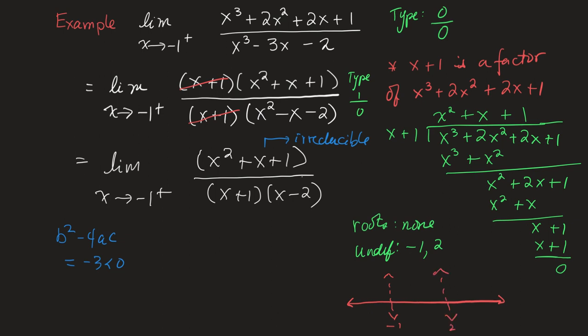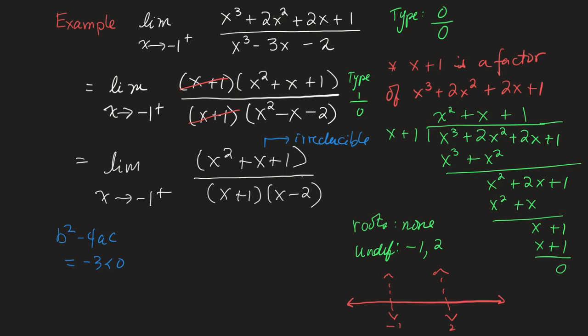I want to think about what interval I'm considering for the sign. I'm coming into -1 from the right, so that's the interval I want to consider. If I'm taking a test point, I've got to think about it on this interval, not this interval or this interval, because it can certainly change sign on either side of those vertical asymptotes.